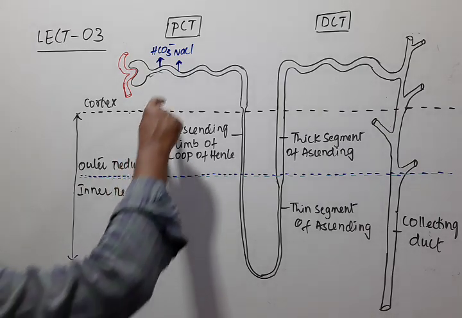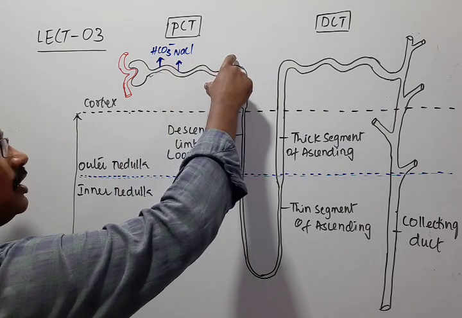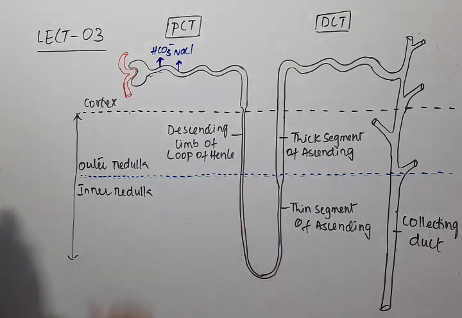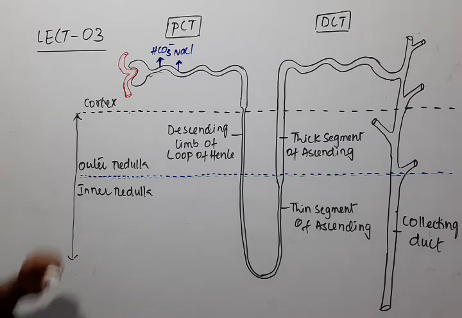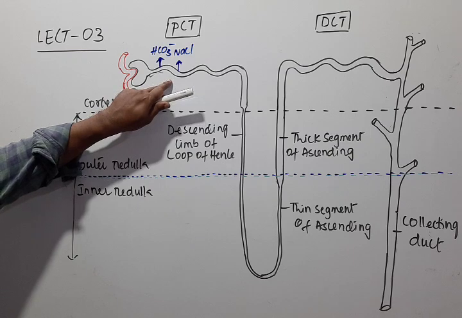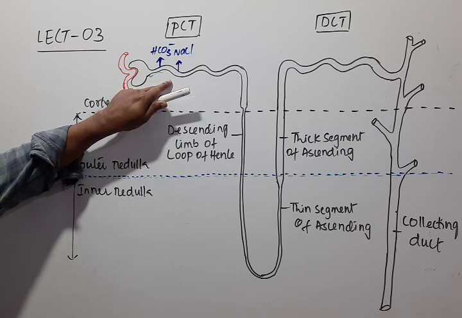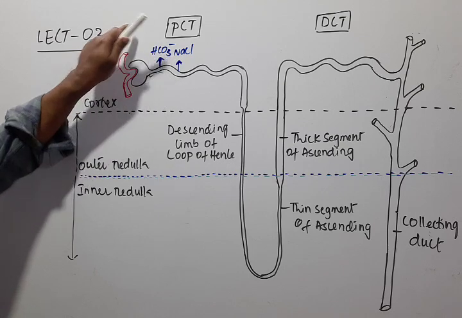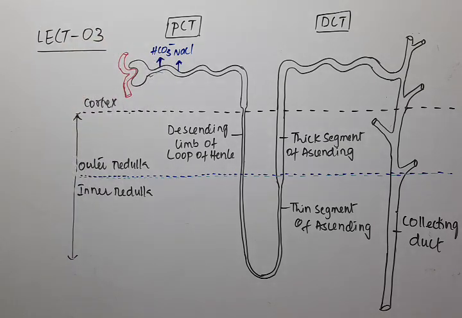So the efferent arteriole forms a network of blood vessels on the PCT, DCT and even the Henle's loop. Because of that, whatever substances are reabsorbed first enter the interstitial fluid, and from there they enter the blood capillaries.